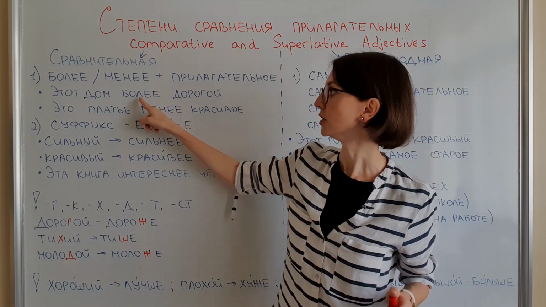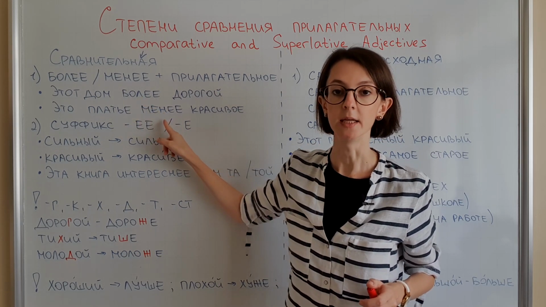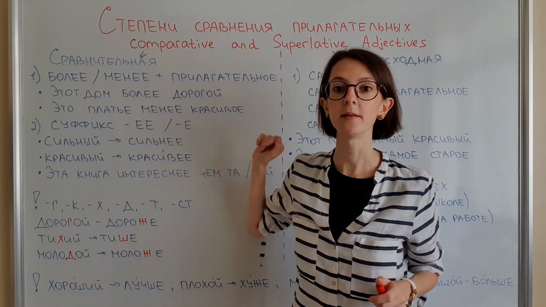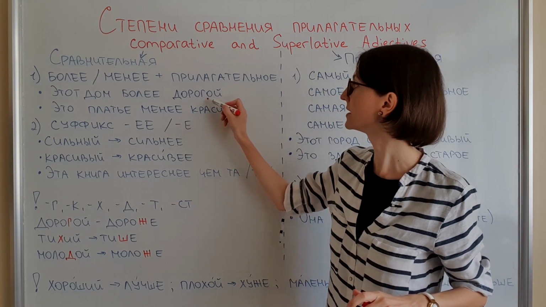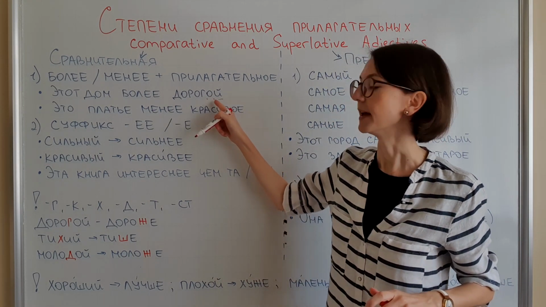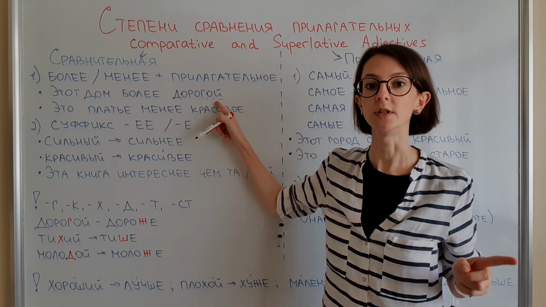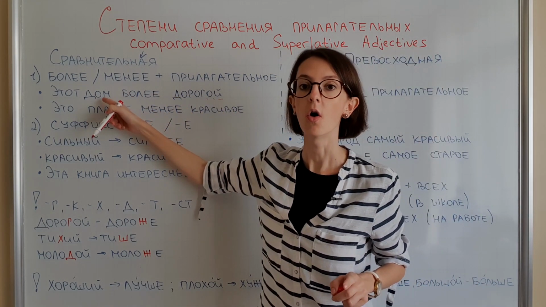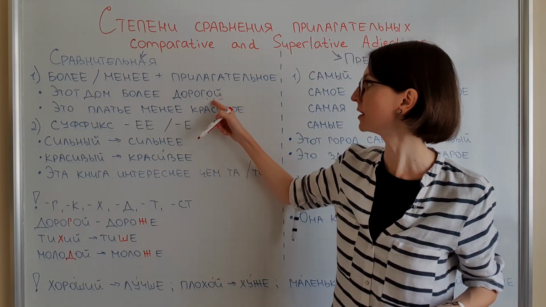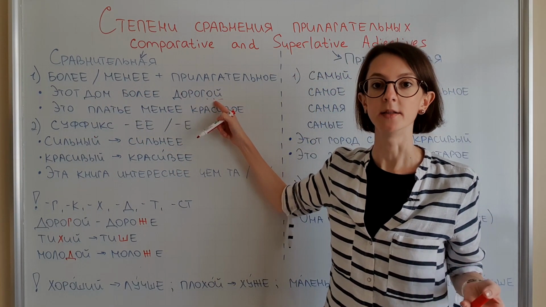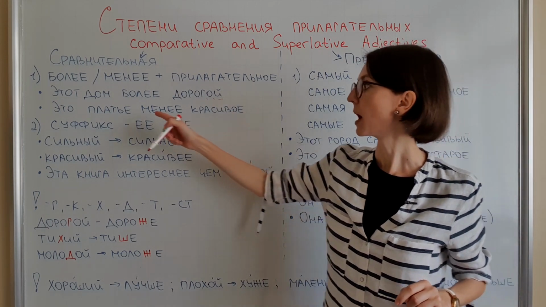So as I said, you put более, менее, more, less, and then adjective. And the adjectives here, pay attention to the ending. The ending is corresponding to the gender of the noun. So дом masculine, that's why here there is ой ending, masculine ending.